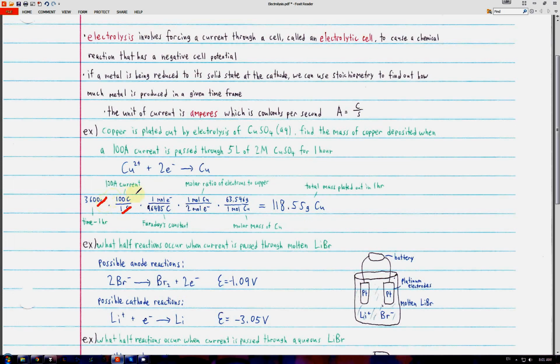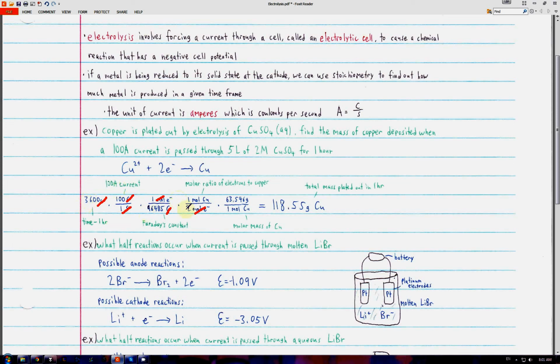So after time, the next step is to go to moles of electrons. In 1 mole of electrons, there are Faraday's constant of coulombs, which is 96485. So then our coulombs cancel out. And then we can use the molar ratio that we get from this equation. For every 2 moles of electrons, 1 mole of solid copper is formed.